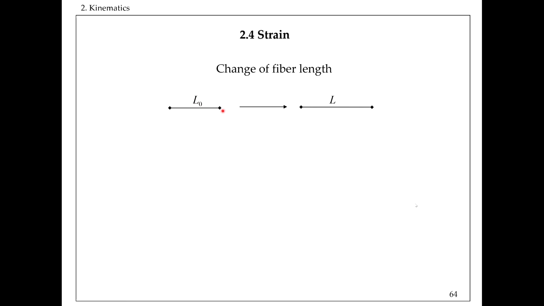After the deformation happens, let's say we stretch this fiber to a new length, so now it becomes longer, and the new length in the deformed configuration is L. And then the strain, as it was typically defined in previous basic courses, is that you just calculate the difference between the lengths, and then you normalize it, or divide it by the initial length.